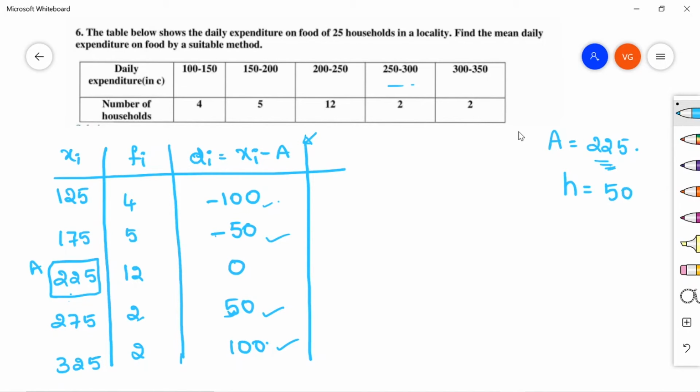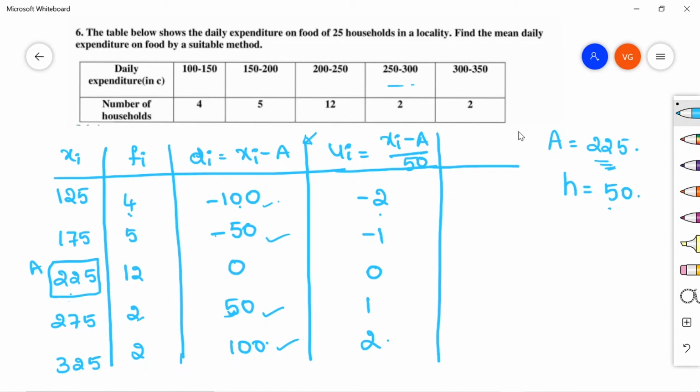Take h as 50. So ui, my fourth column, will be xi minus A divided by 50, right? So minus 100 divided by 50 is minus 2, then minus 1, 0, 1, 2, right? So instead of multiplying 4 and minus 100, now I can multiply fi ui. The calculation is simpler now.